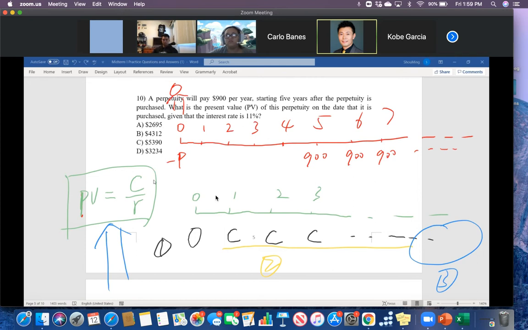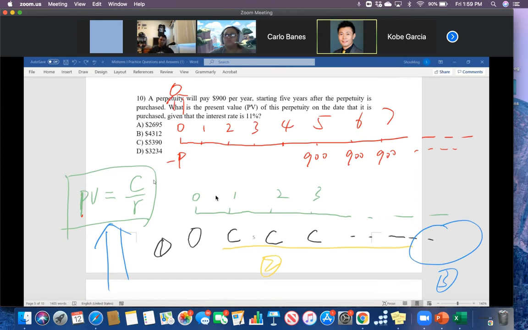But let's check this cash flow. Actually, it does not have these 3 characteristics. Let me erase this part.